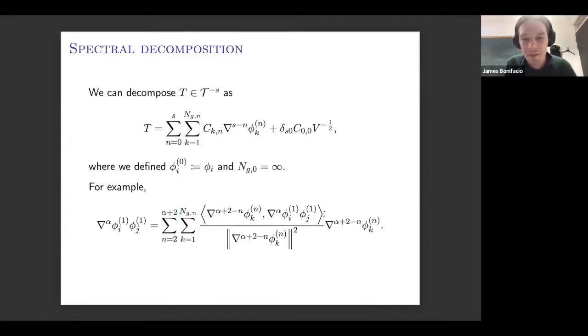And the prefactors in this expansion are just the overlap of this term. So you can think of this as like inserting a resolution of the identity if you want.